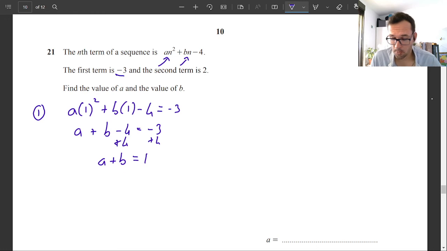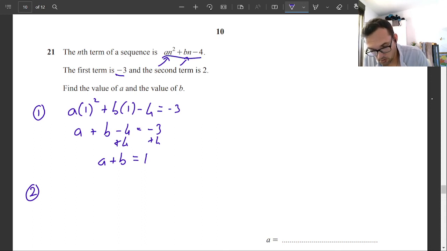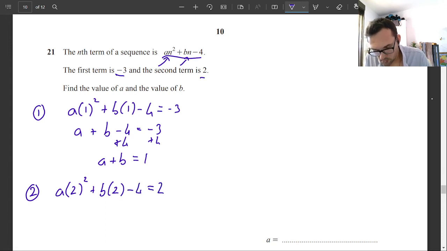Not bad. Then they tell us the second term equals 2. So let's do the same. Let's take this whole n squared rule and we put a 2 in there. So it's a times 2 squared plus b times 2 minus 4. And this time it is equal to 2. So that will give us 4a plus 2b.